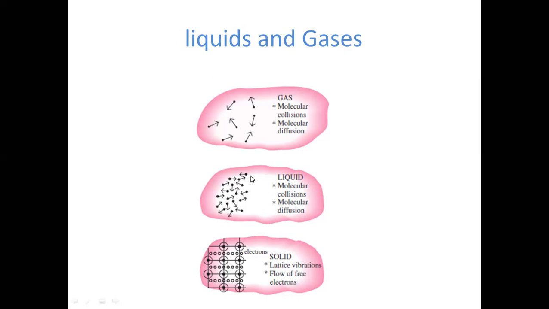This is called diffusion. While going from here to here, there will be collision. Again these molecules will get energy and collide with this one, and again this molecule will get energy and collide like this. Because of getting energy, the molecules transfer the heat from one position to another.